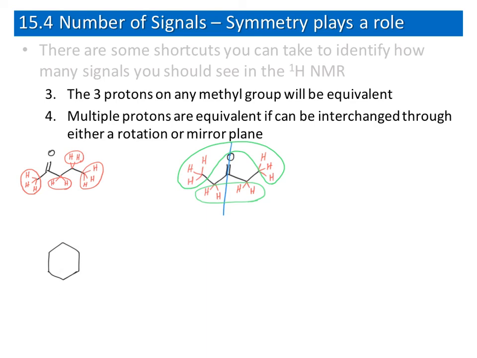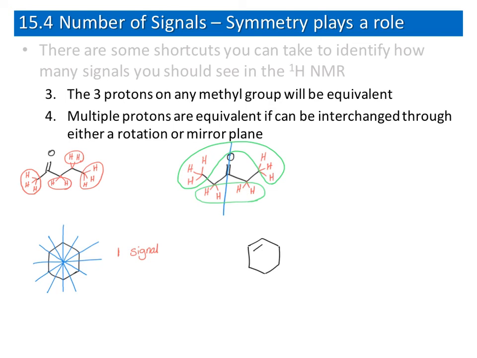So we are going to see only one signal for cyclohexane. So these are the symmetries in cyclohexane. So for all the corners and all the edges, you can draw a symmetry. So we are going to see one signal for cyclohexane.